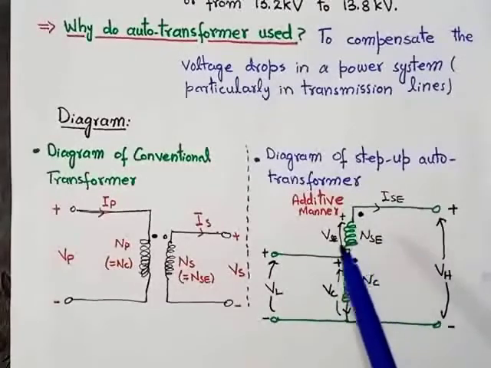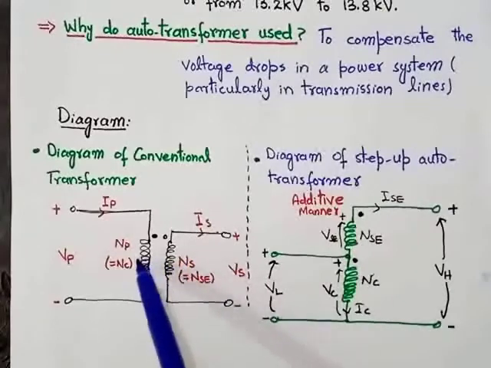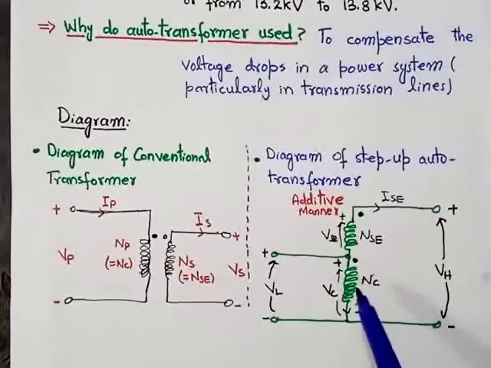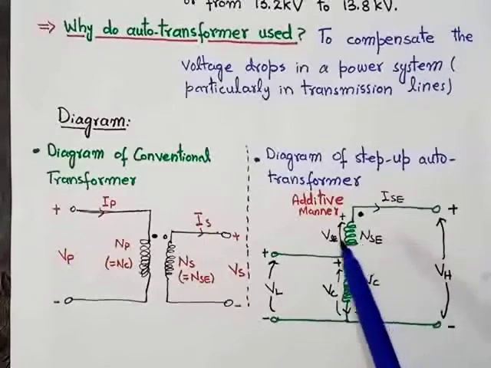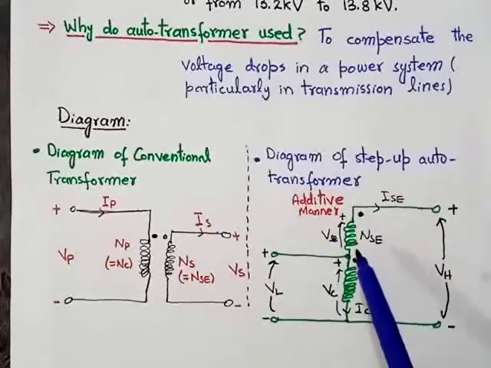The undotted point of the secondary connects to the dotted point of the primary. That's why this is called the additive manner. In additive manner, we connect the undotted point of the secondary in series with the dotted point of the primary side. So this is the autotransformer diagram.